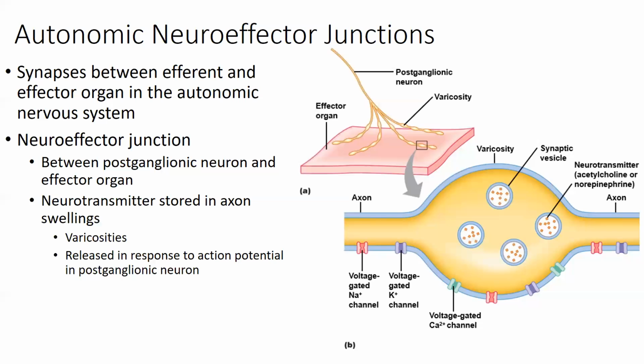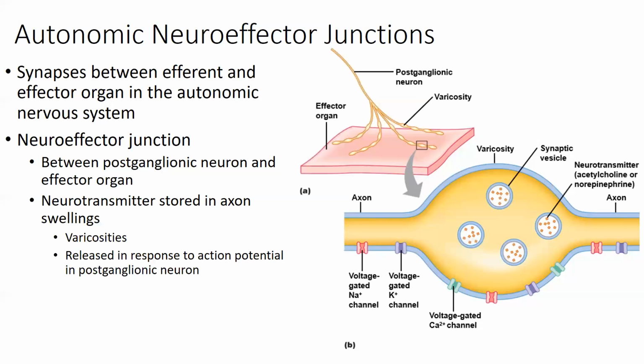Now, depending on what type of neurotransmitter this is, and that's going to depend on what type of neuron this was, it's going to cross and it's going to bind to a receptor. So let's just put a receptor here. And again, what type of receptor this is going to depend on what type of neurotransmitter this is.